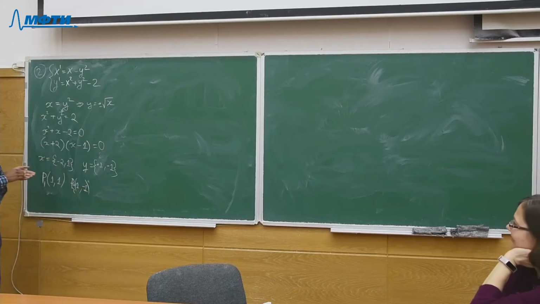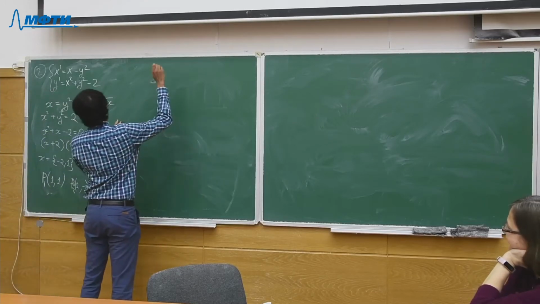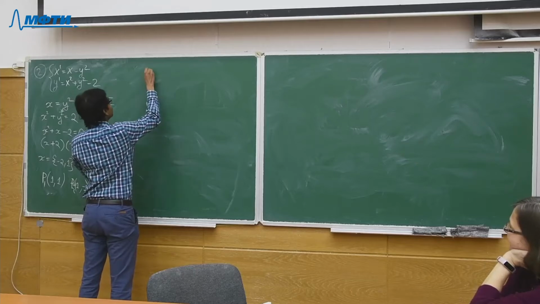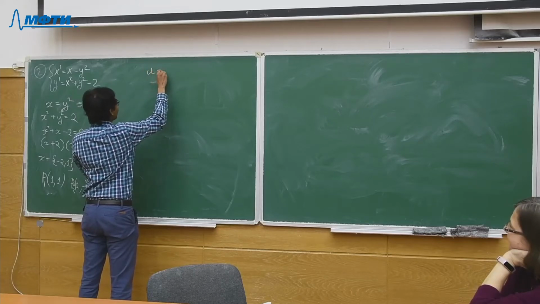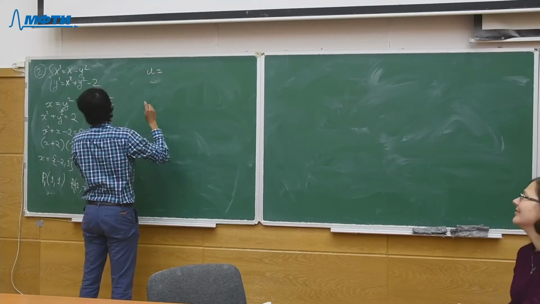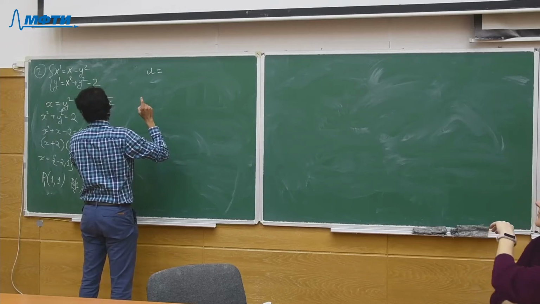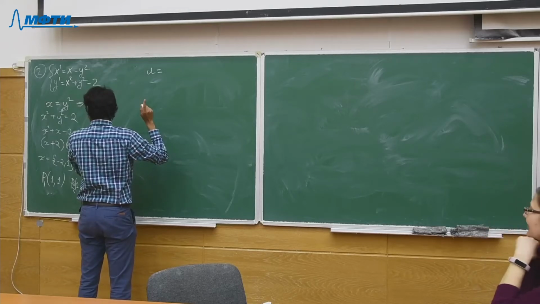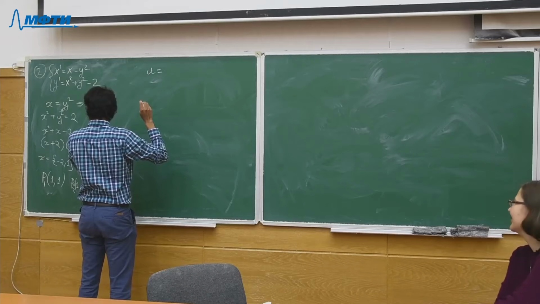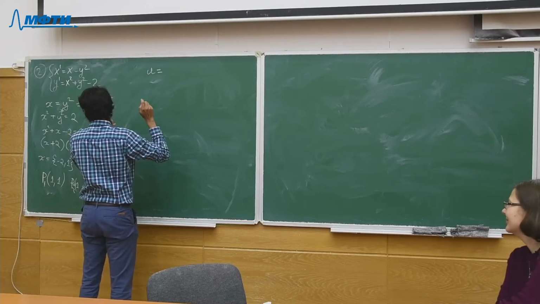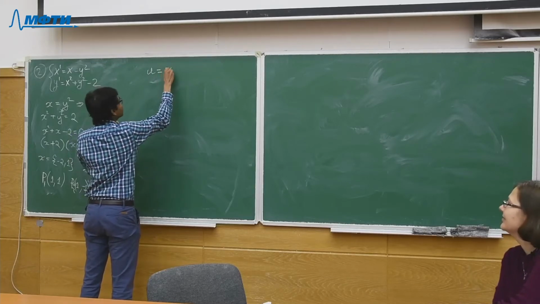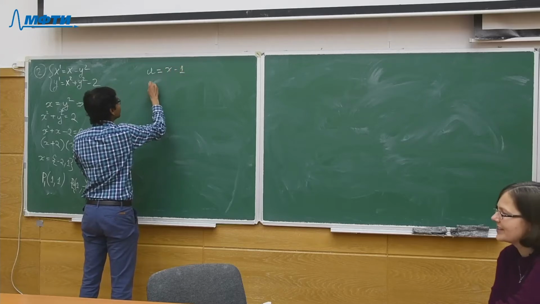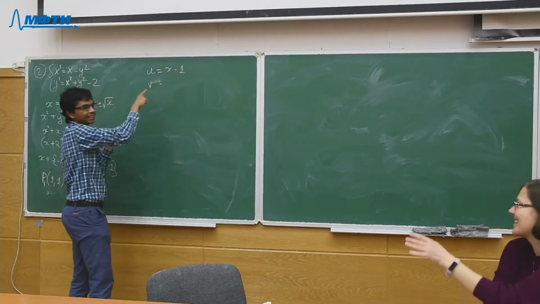Okay, transformation. U is equal to... I want it to be 0 at x. So when x is equal to 1, we should get 0. So just subtract these critical coordinates. Yes, correct.